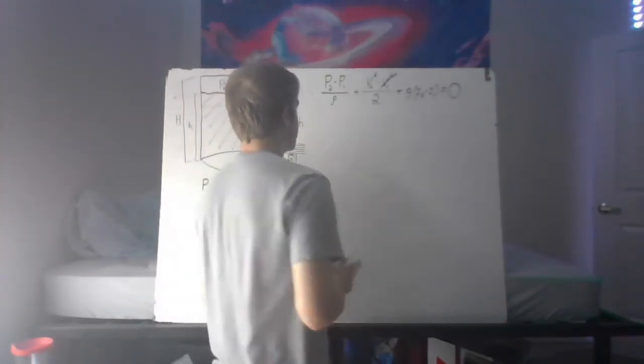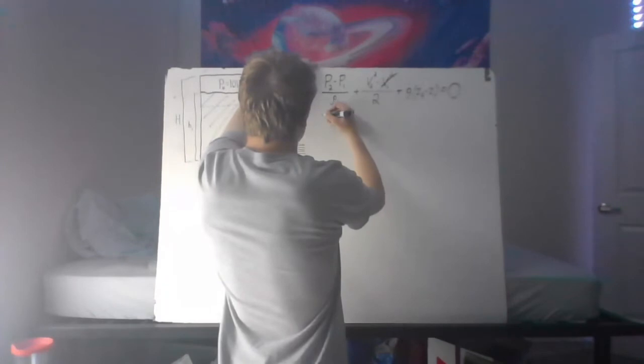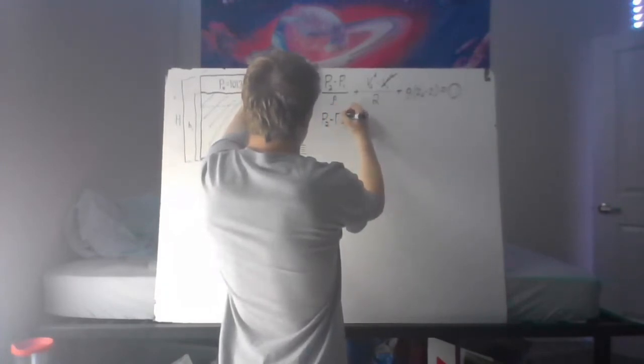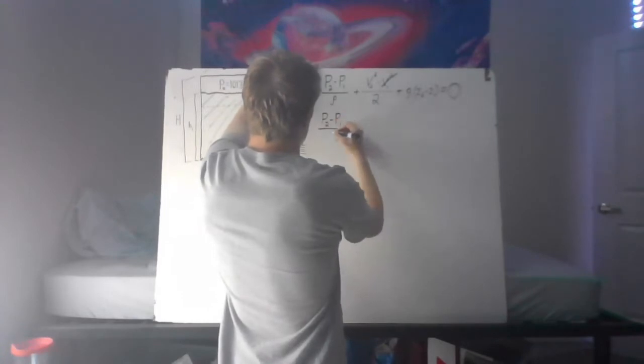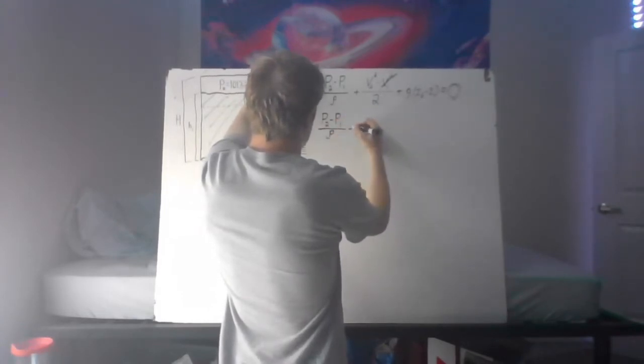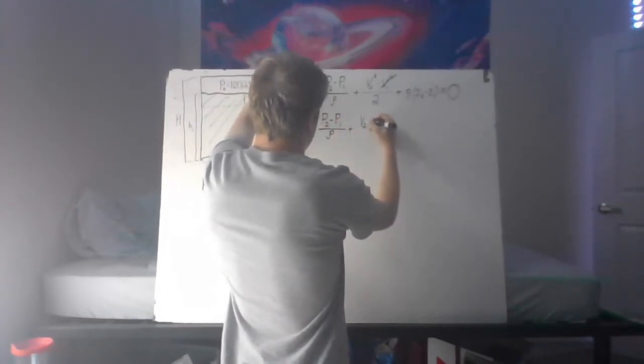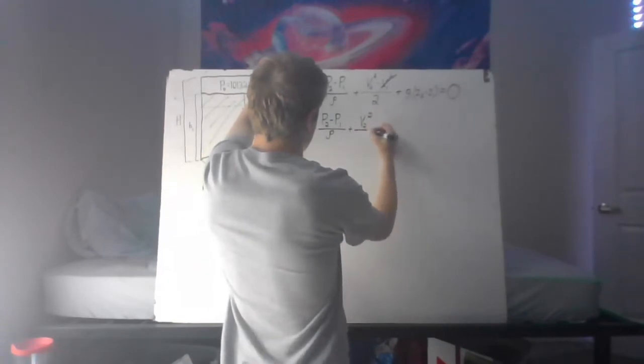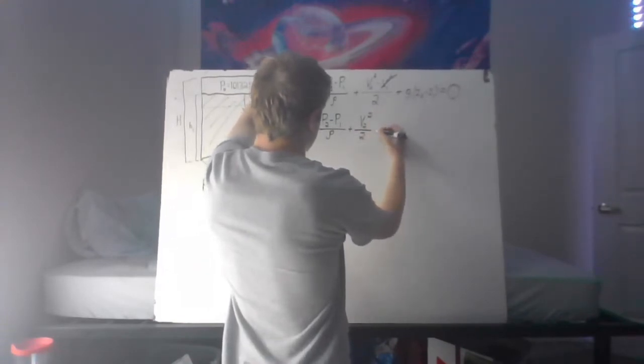So I'm going to start recopying this down: over rho plus V2 squared over 2 plus.